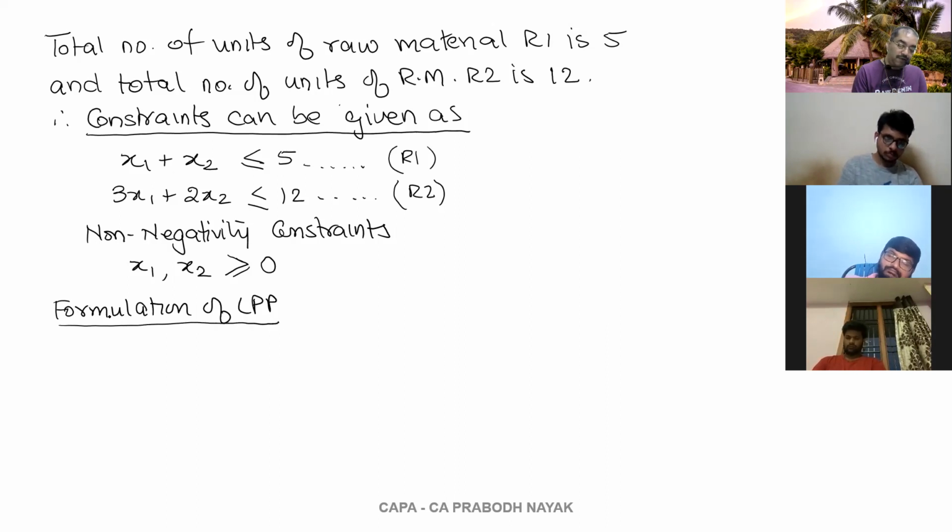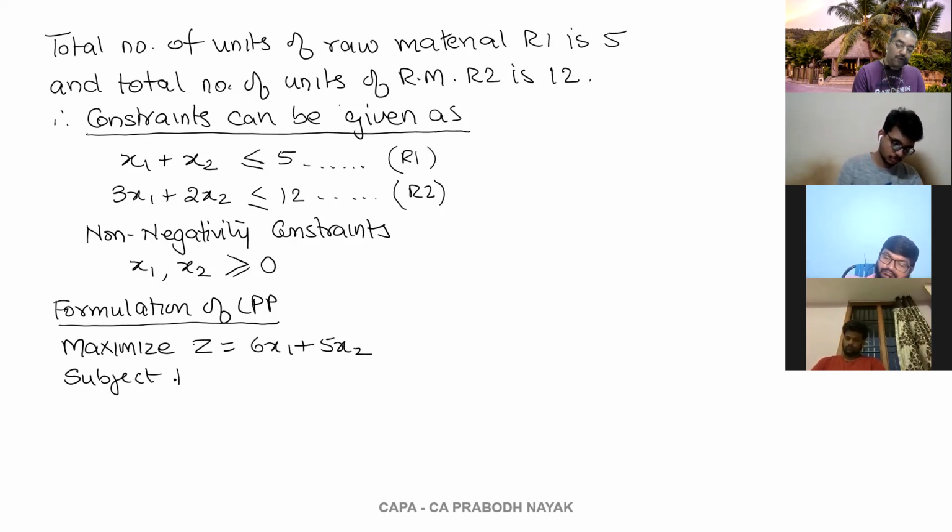You write the objective function: Maximize z is equal to 6x1 plus 5x2, subject to. How do you write the constraints? You have to use the words subject to. If you don't use the words subject to, you are losing marks. Subject to constraints.